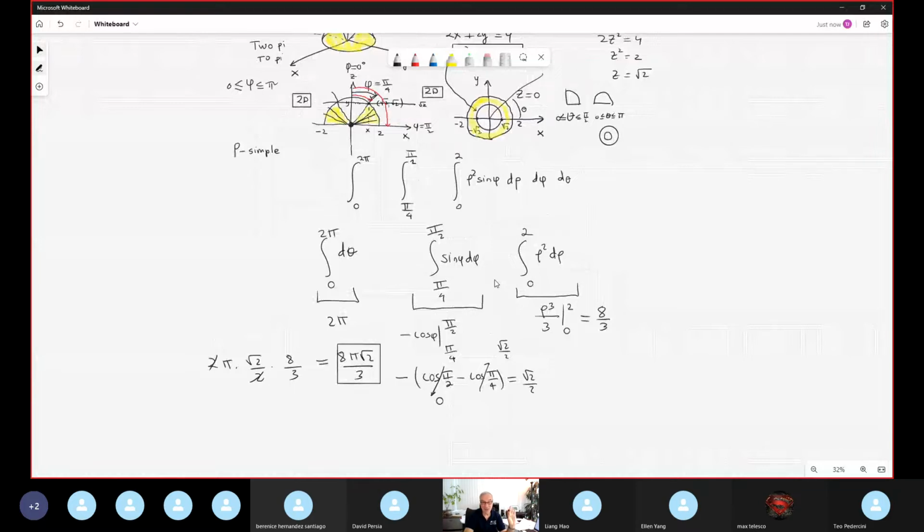Cal 1, cal 1, cal 1, 3 times. It's cal 3, but it's only in this scenario. If the limit is a variable, if the limit depends on phi or on rho, no, we cannot do that. You have to use it iterated. Integrate in the same order: rho first, phi second, theta last. Cool?